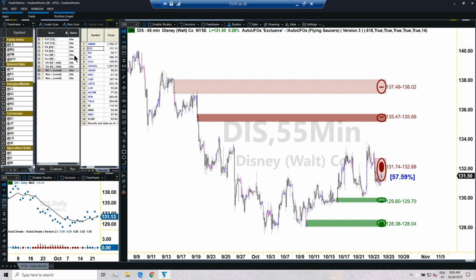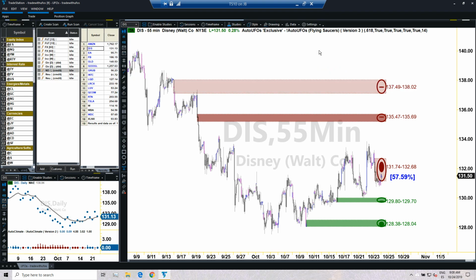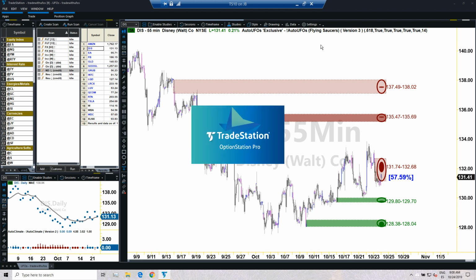Okay. And once we have the chart loaded and we can see we have green and red UFOs, it's then time to open the Option Station Pro just to run a purely statistical calculation to anticipate what the price could be out of prior volatility. Of course, that calculation does not guarantee anything.